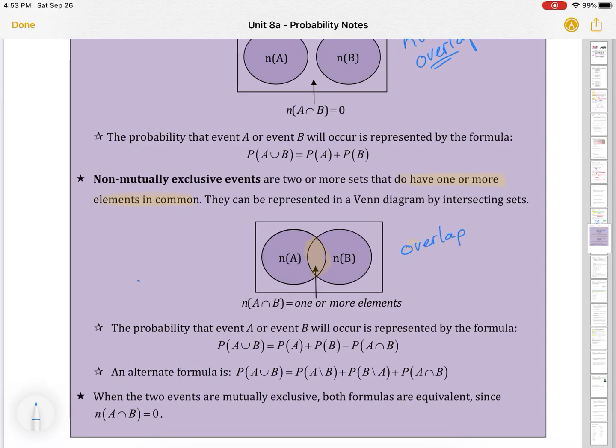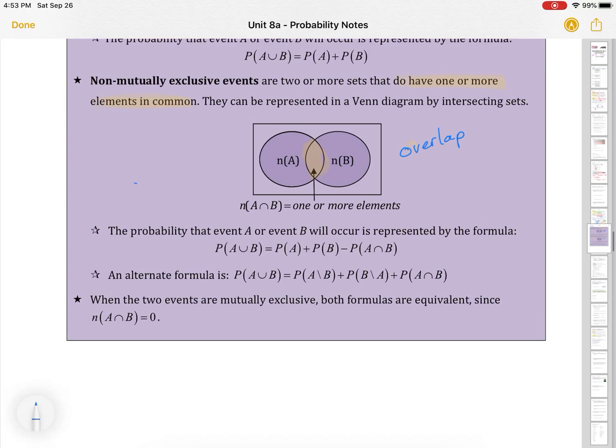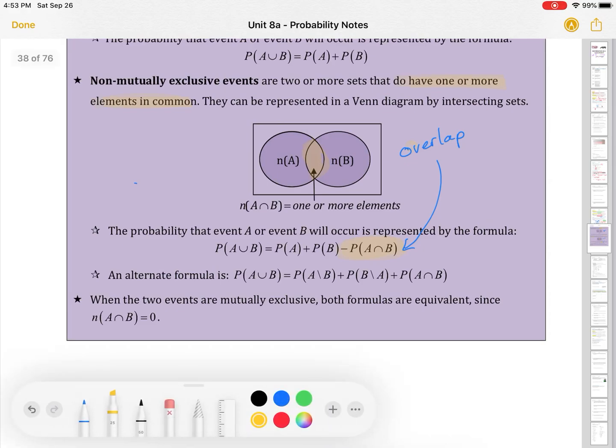Non-mutually exclusive events do have one or more elements in common. So we do have overlap, and there is overlap in this situation. So there's some criteria that meets both of our situations. And when we're dealing with these, we have to subtract the overlap, okay?